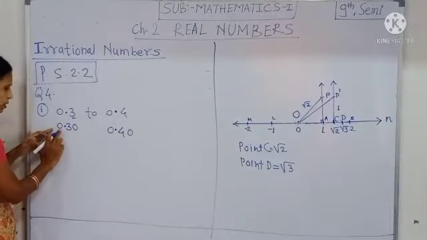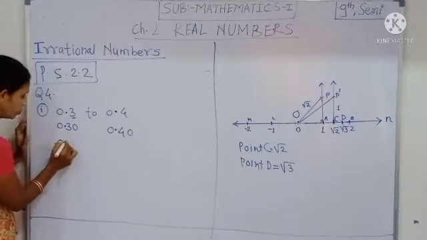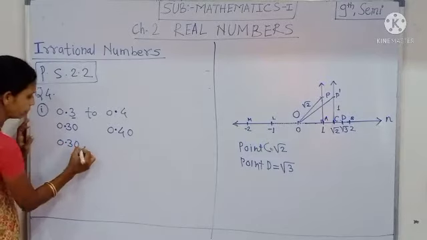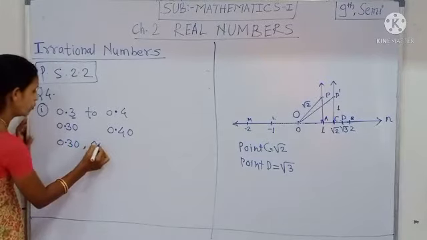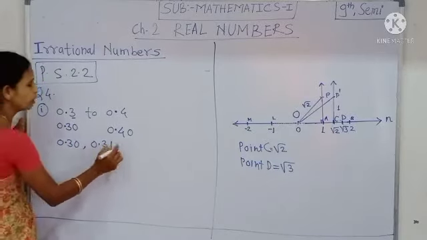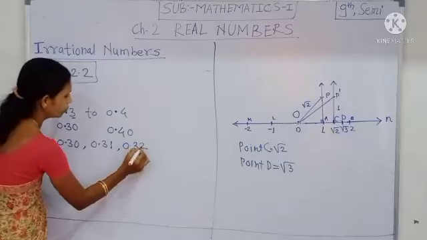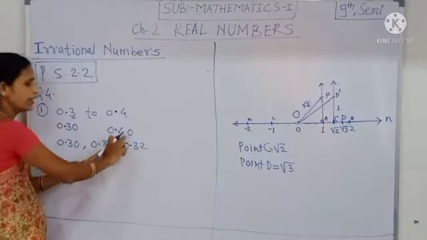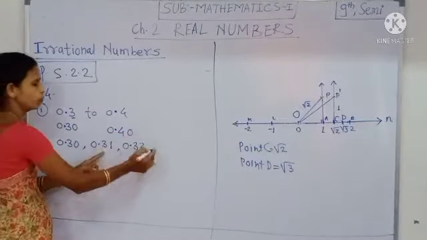Then see here, after 0.30, the number which is obtained is 0.31. See here, 0.30, 0.31, 0.32, and those numbers are less than 0.40.